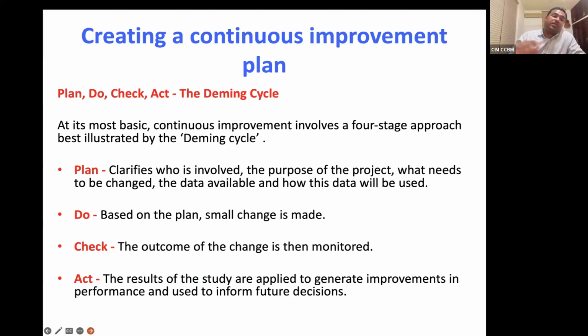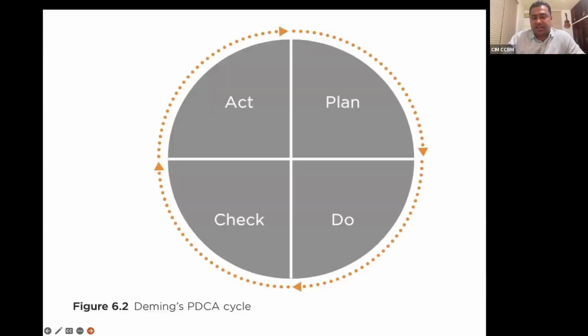So a theory that we use under continuous improvement is called the Deming cycle. It has 4 stages: plan, do, check, act. This is the cycle.